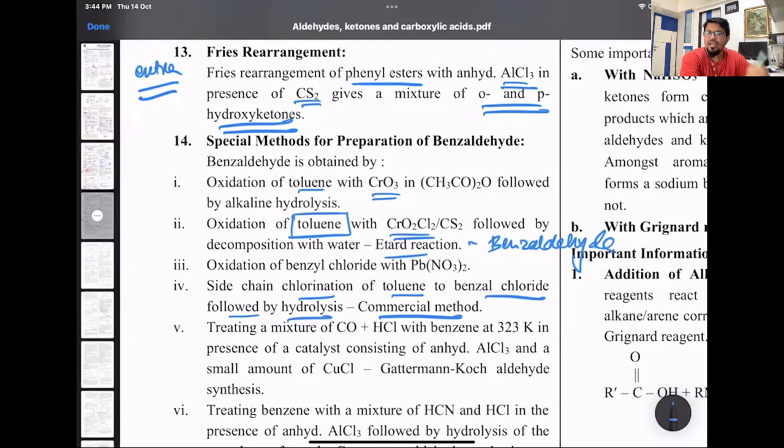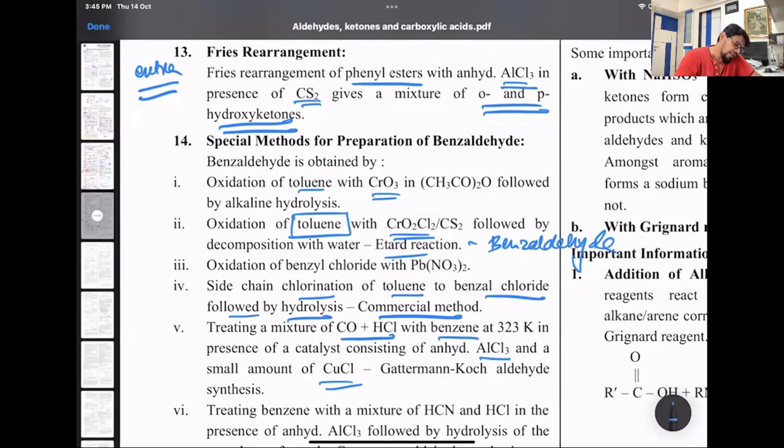That's an important one. Then is Gattermann-Koch formylation, where we have a combination of carbon monoxide and HCl, which forms an unstable intermediate compound, formyl chloride, HCOCl, in presence of aluminum chloride and a small amount of cuprous chloride. Benzene is converted to benzaldehyde.